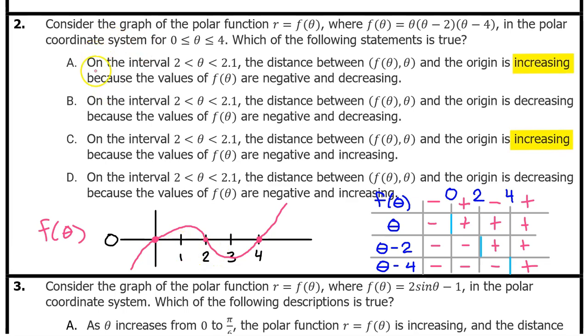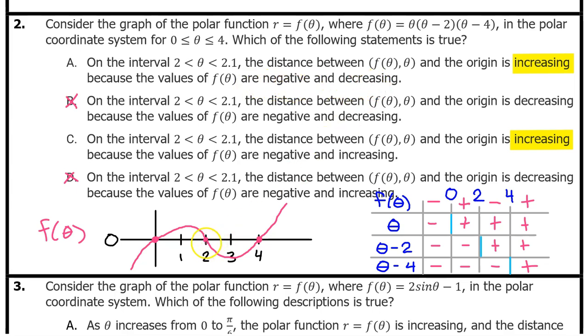Only options A and C say that the distance between the point and the origin is increasing. So we can eliminate options B and D. We can choose between A and C by looking at the justification. Option A says because the values of f of theta are negative and decreasing.